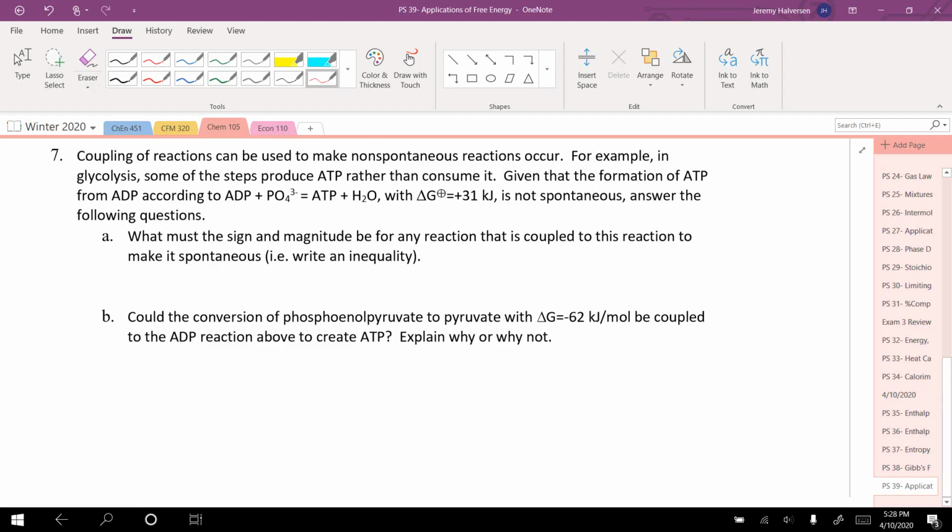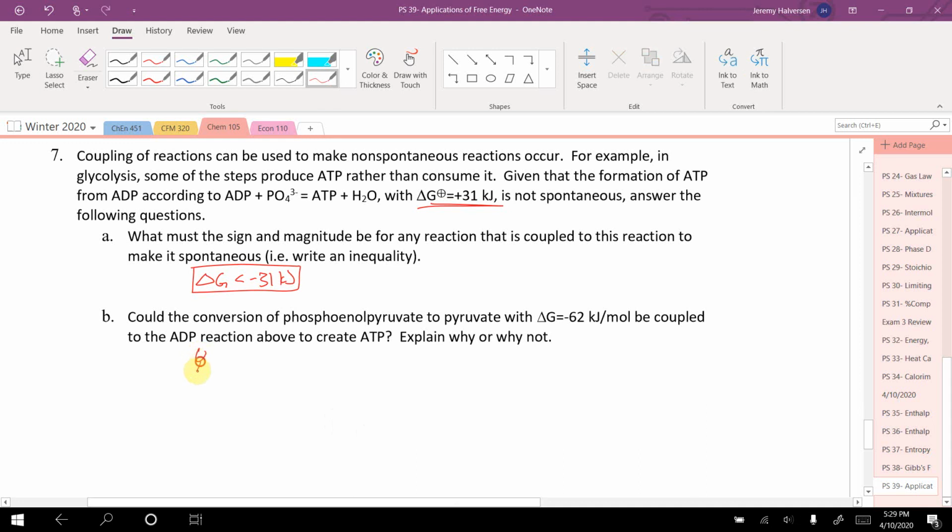What must be the sign and magnitude for any reaction that is coupled to this reaction to make it spontaneous? Write an inequality. Well, if delta G of this one is 31, then we're going to have to get one with a delta G that's less than negative 31 in order to get the combined delta G to be negative and therefore spontaneous. Could the conversion of phosphoenol pyruvate to pyruvate with a delta G of negative 62 kilojoules per mole be coupled with ADP?